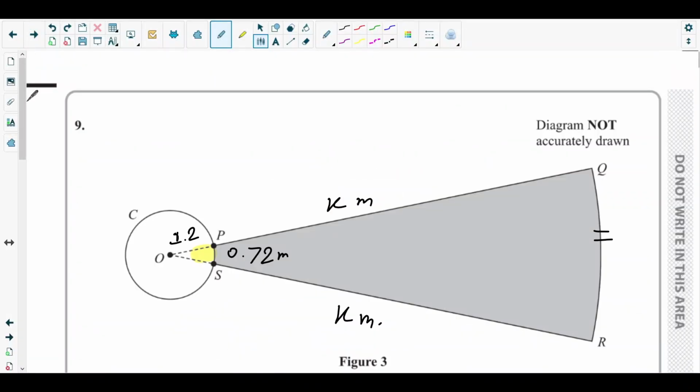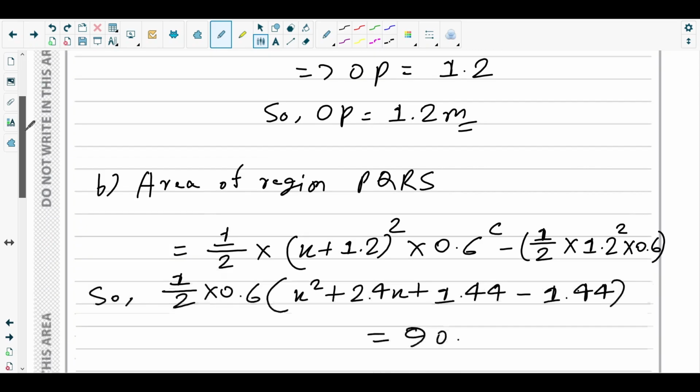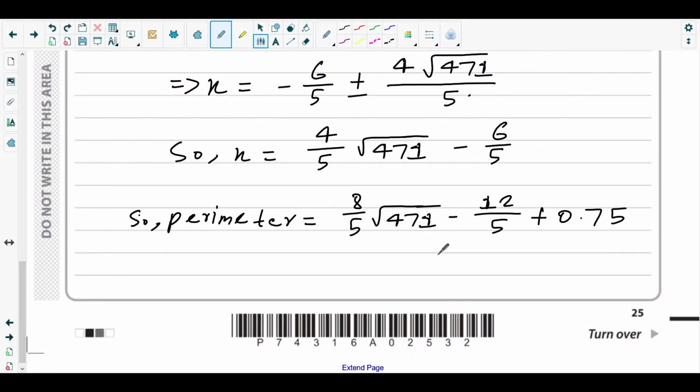The radius is 1.2 plus x, and theta is 0.6 radian, times the radius 1.2 plus x, which is 4 over 5 square root of 471 minus 6 over 5, plus 6 over 5.